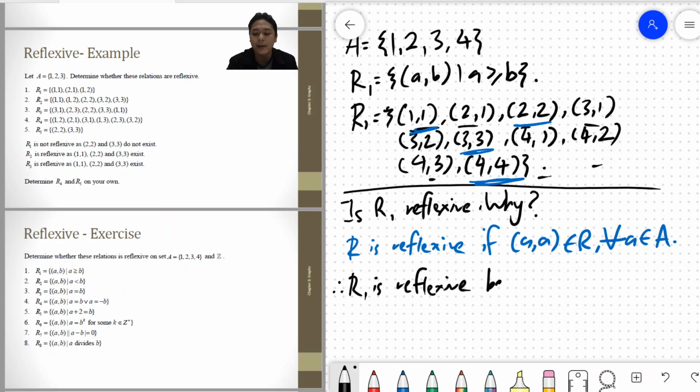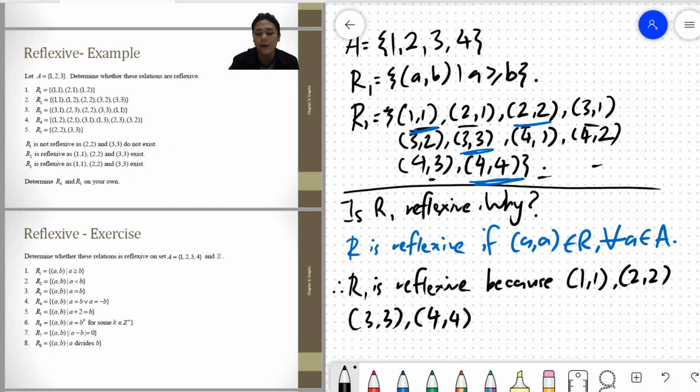And your argument, because it is proven based on the top writing there, because (1, 1), (2, 2), (3, 3), and (4, 4) is inside R1. You don't need to mention (2, 1) or (3, 1) because that is not needed for you to prove that it is reflexive.